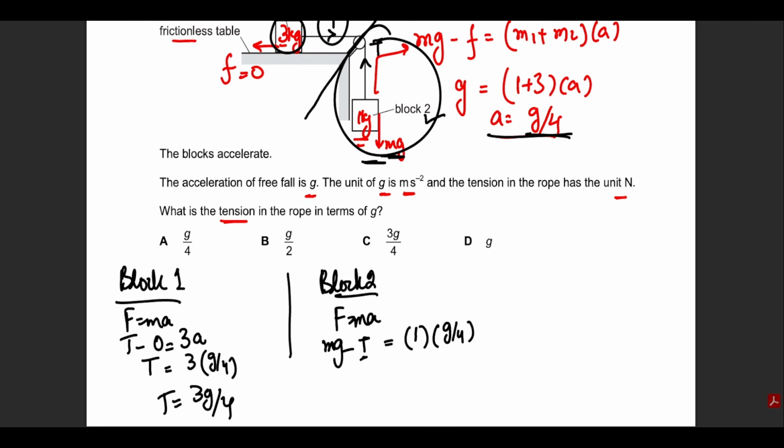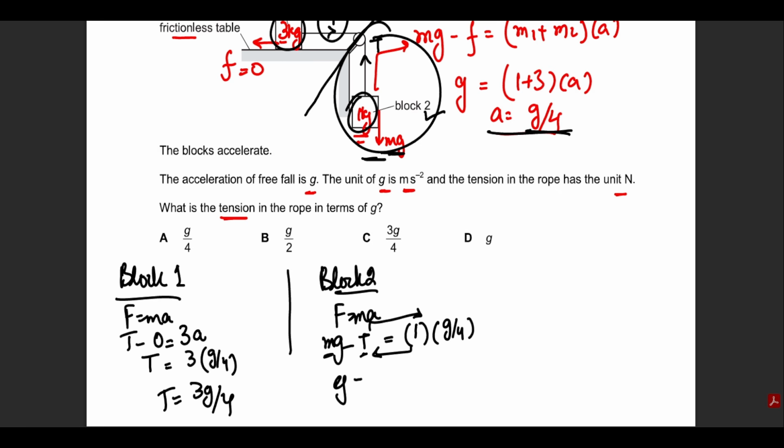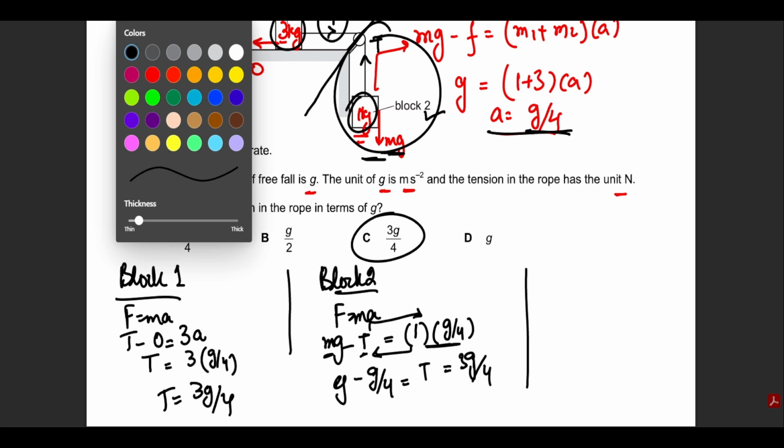Since we want to find tension, tension comes to the other side. mg only becomes g because this m was 1 kg. So g minus g by 4 equals T. T comes out as 3g by 4 again. So tension in this case is option C.